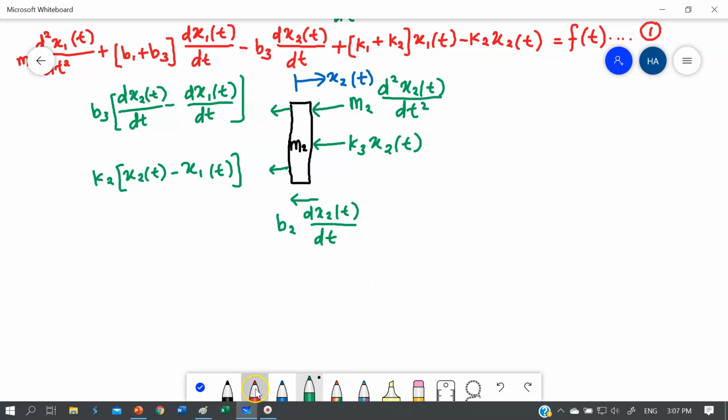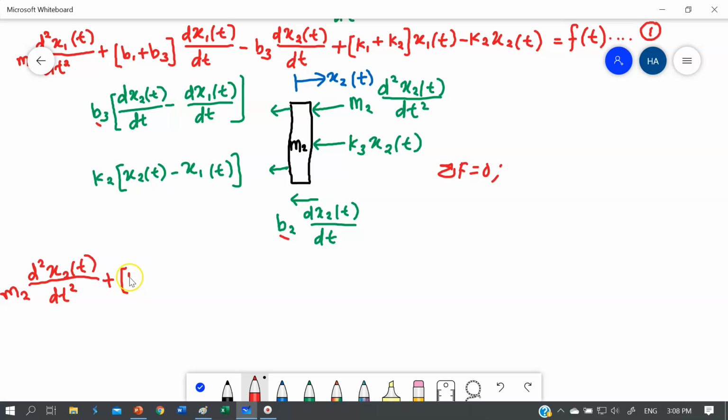Right, then we write the equation of motion by applying summation of force equals to 0. So here we have M2 d square x2 plus I have here B2, B3 and B2 multiplier for x2.